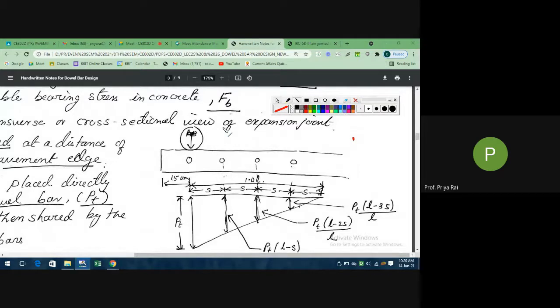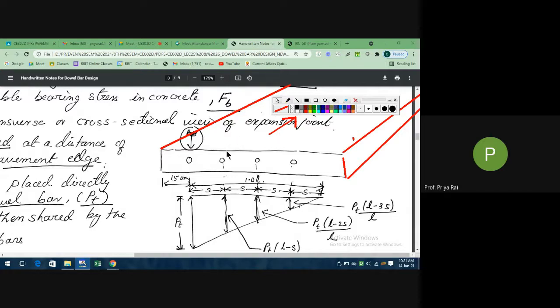Your slab is going like this. Your direction of traffic is like this, or we can say perpendicular to the direction of this screen, but I am drawing an isometric view. So suppose this is the direction of the traffic.